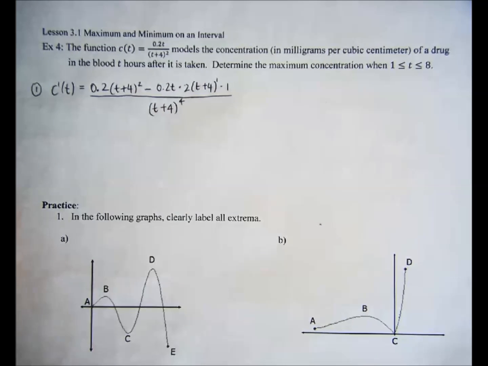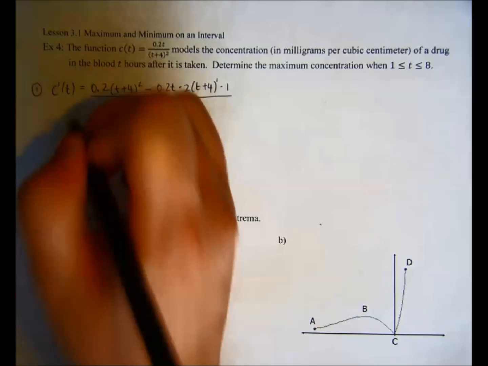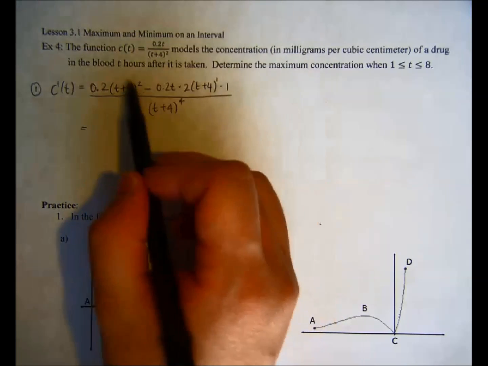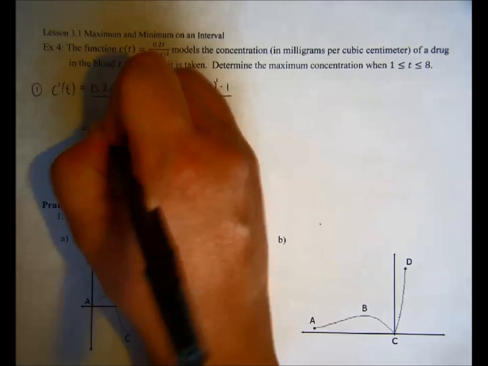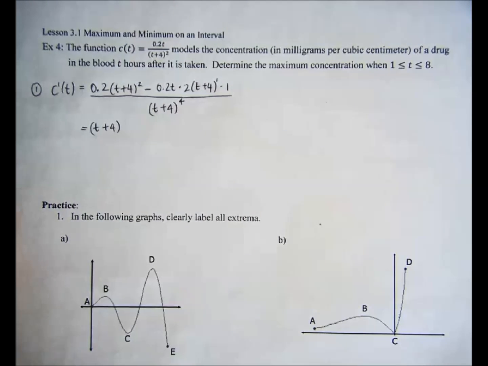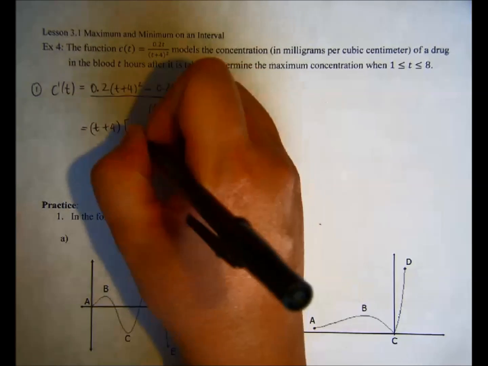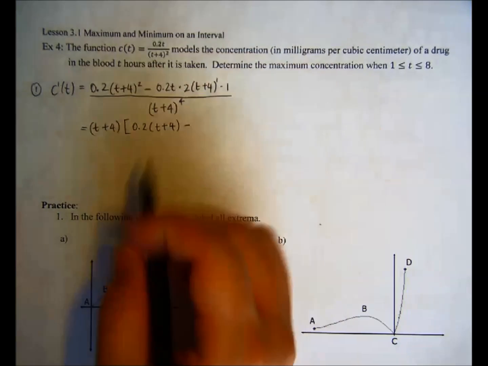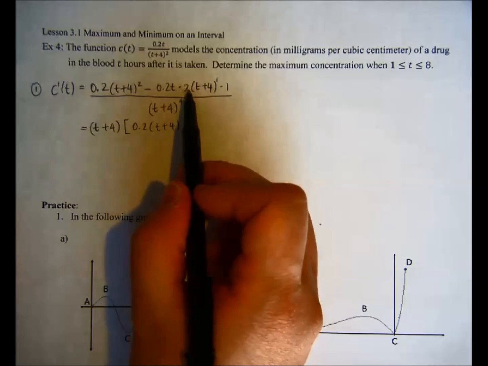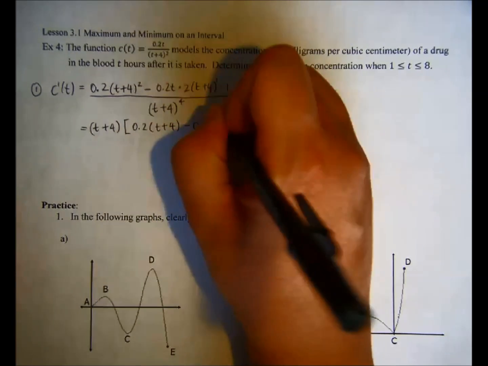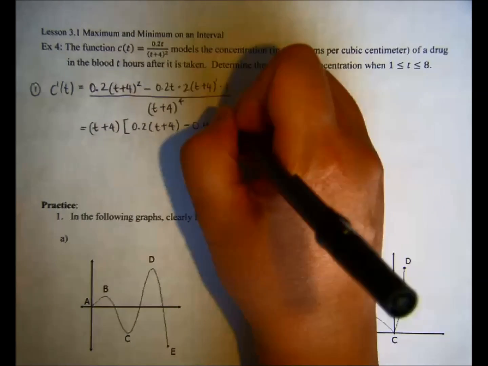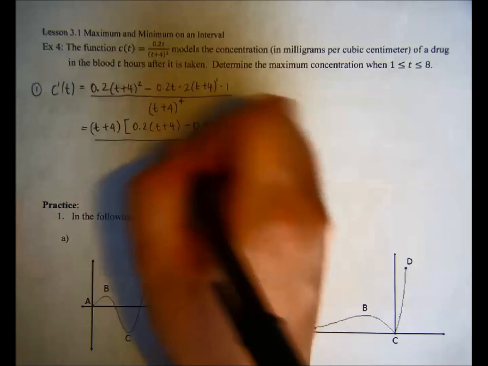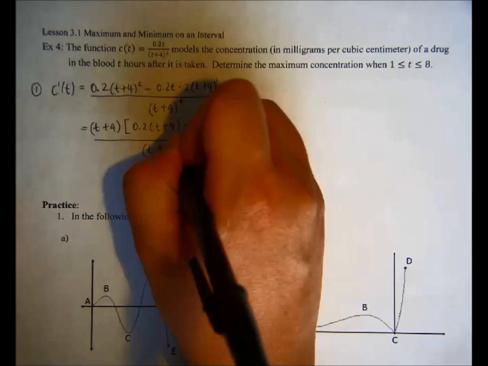Okay, so I can see that I have a (t plus 4) in common to both of the numerator terms, so I'm going to factor that out. And then I will be left with 0.2 times (t plus 4) minus 0.2t times 2, which is 0.4t, and then the times 1, obviously, divided by (t plus 4) to the exponent of 4.